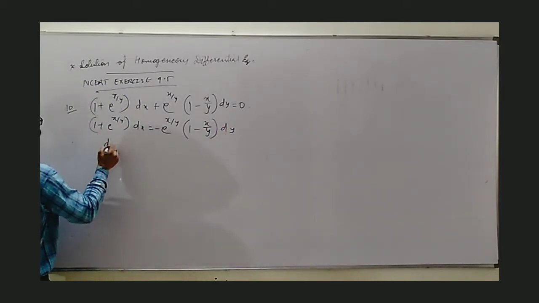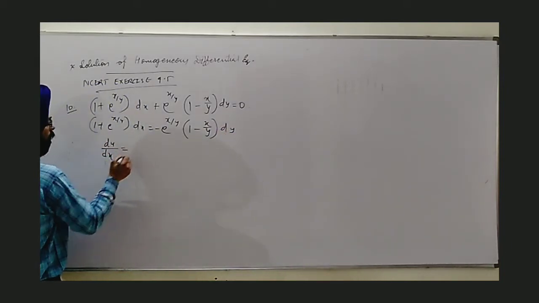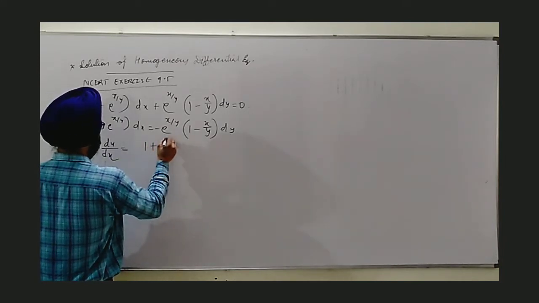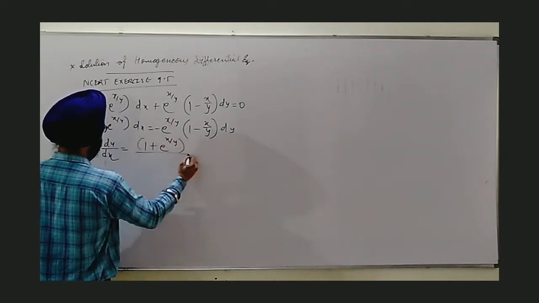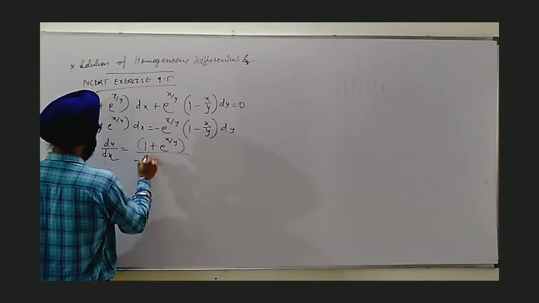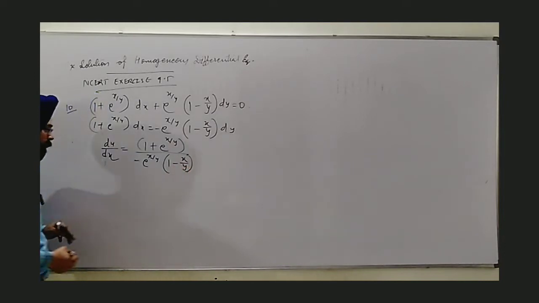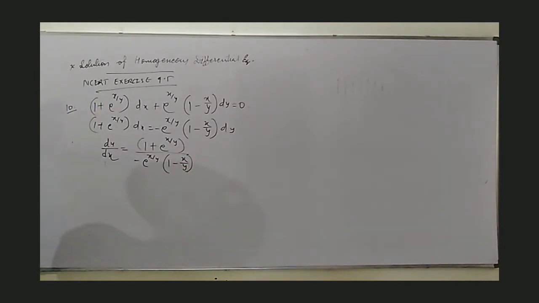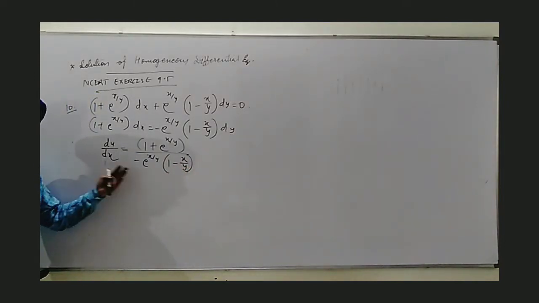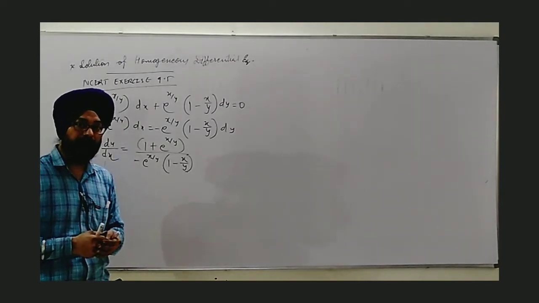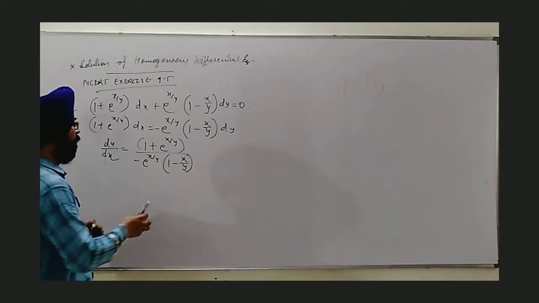So the value of dy by dx can be obtained as 1 plus e raised to the power x upon y upon minus e to the power x by y times 1 minus x upon y. In such a case, as I said, we can replace x and y by lambda. Now you have understood with the help of the previous question, I am directly solving this.